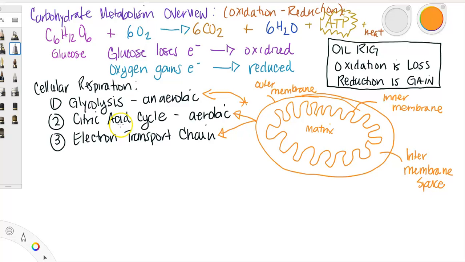Energy in cellular respiration that we're capturing through glycolysis and the citric acid cycle. The energy is captured in electrons.